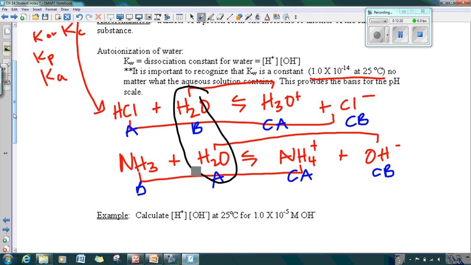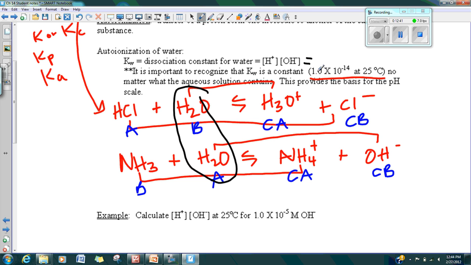Okay, let's see what else I want to talk about here. Again, when we talk about these K constants, Kw is just going to be product over reactant. And so here is our water dissociating into the hydrogen ion and the hydroxide ion. And remember, we do not put water in our equilibrium expression, so this is all we would need.